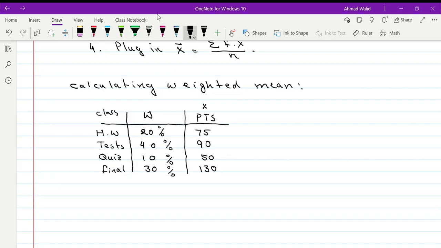Correct? Now I want to find the mean. To do so, I'll create another column. The first thing that I will do, I will find x times w for each class. It means for the first class, I will multiply 20% times 75.